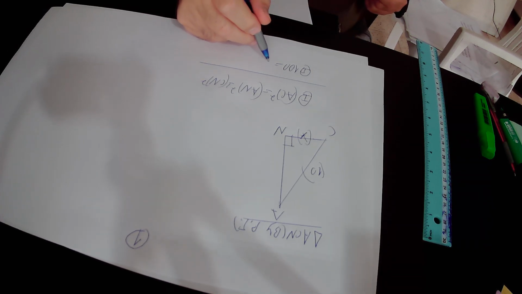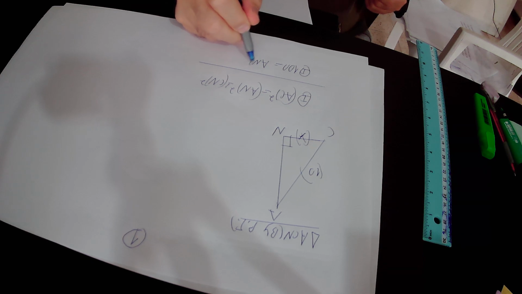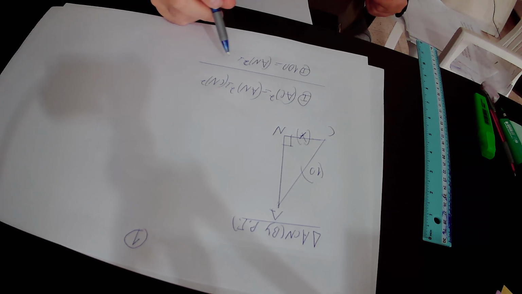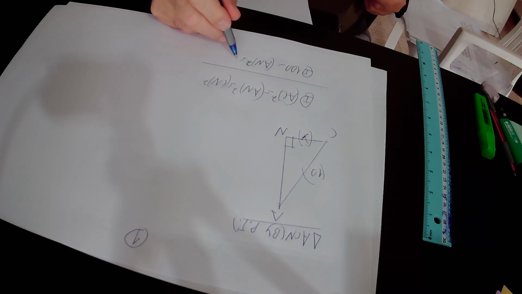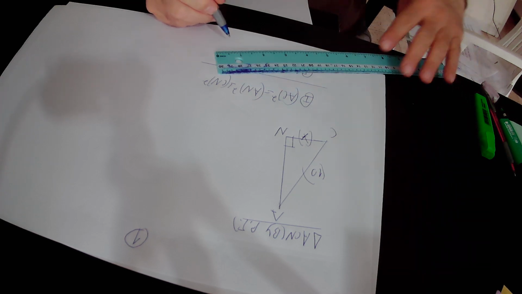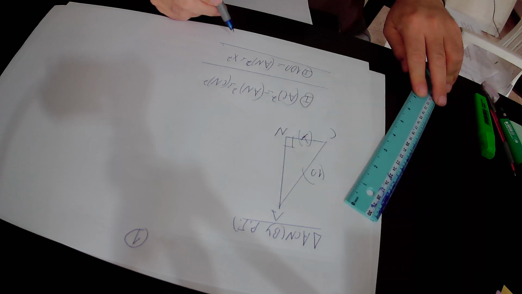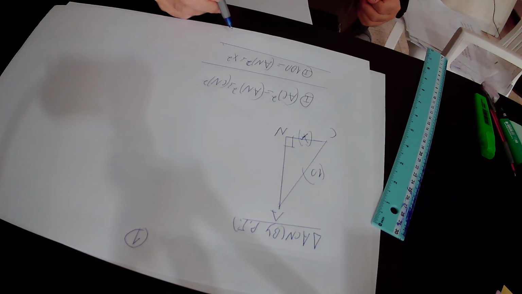AN is the missing side, so we leave it as it is, plus BN squared. BN is x, therefore BN squared is x squared. So we found that, according to equation 1, 100 equals AN squared plus x squared.